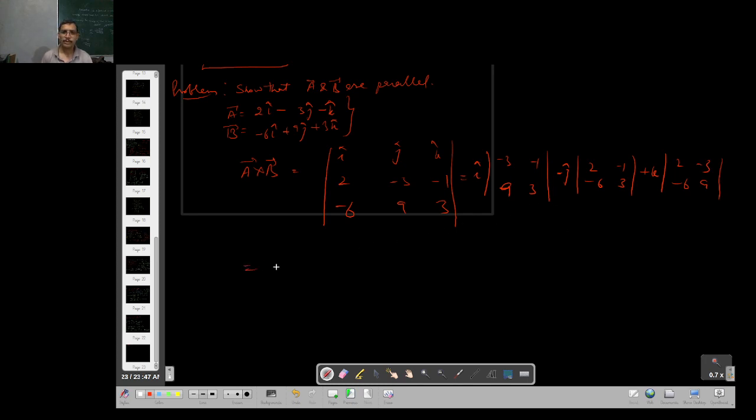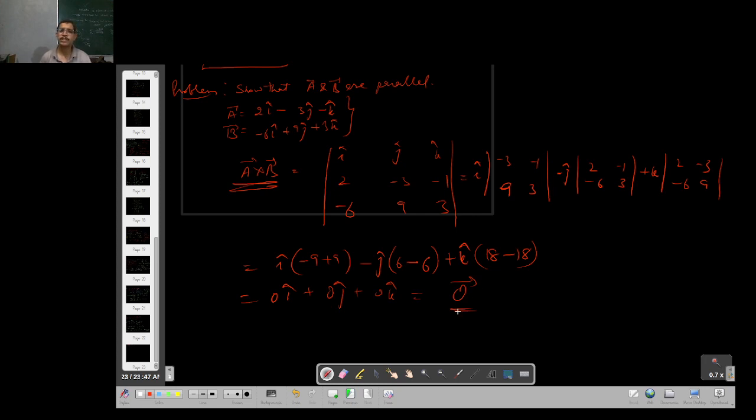So it is i (minus 9 plus 9), minus j (6 minus 6), plus k (18 minus 18). So it will be 0. It is 0i cap, 0j cap and 0k cap, so overall it's a zero vector. Thus A cross B vanishes, which means A and B are parallel, right?